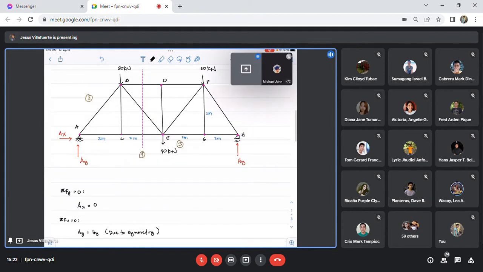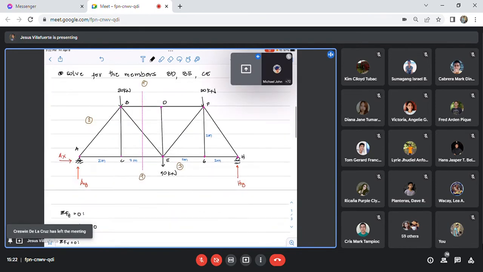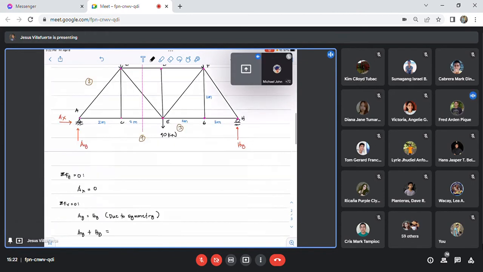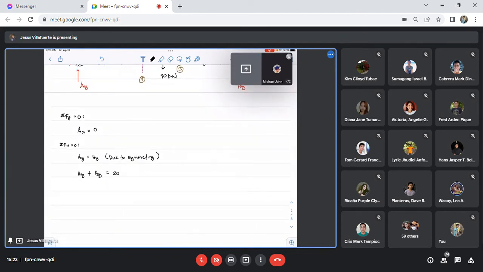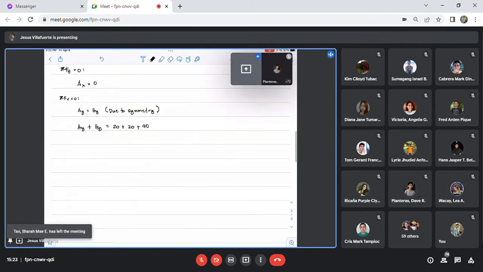So we have AY plus HY is equal to the forces, 20 plus 20 plus 40, so this is just 80.